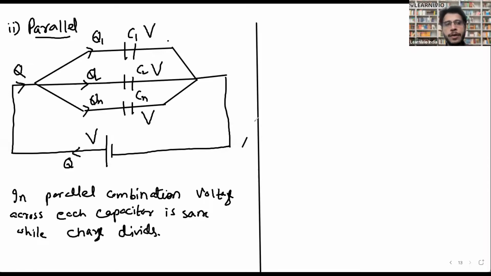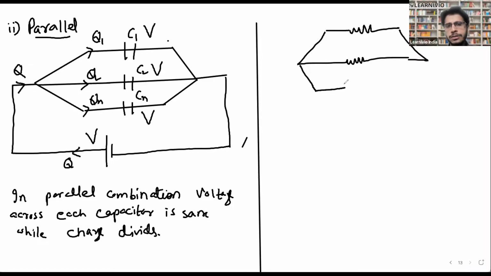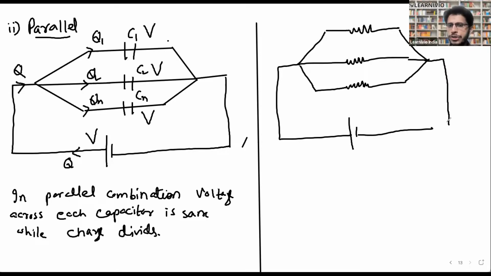Now, instead of capacitor, if I take a few resistors, R1, another resistor R2, another resistor Rn, and connect them with a cell of voltage V, what do you think? Will current through each resistor be the same, or will current divide?